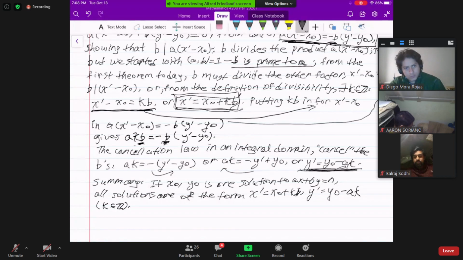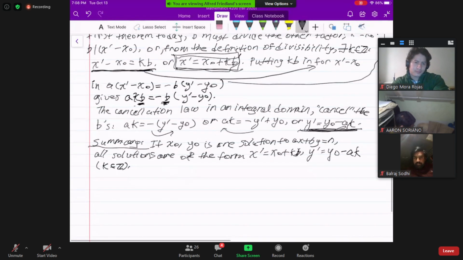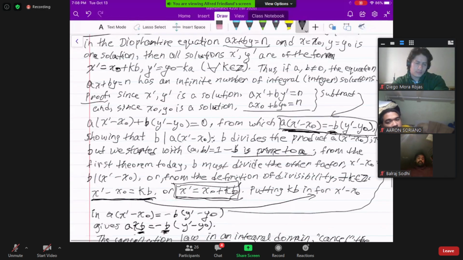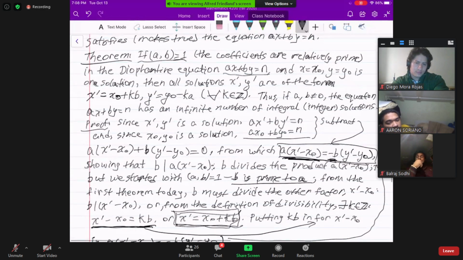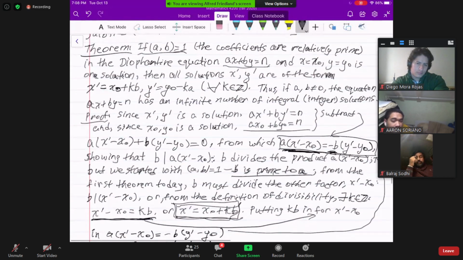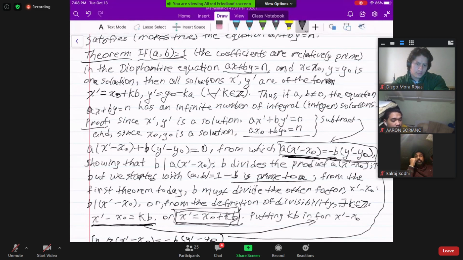Okay, so we'll leave it at that for today. On Thursday, let me have you do this. This all started by assuming that there is another solution; all solutions x prime, y prime are of this form, but I'm assuming that there are other solutions.